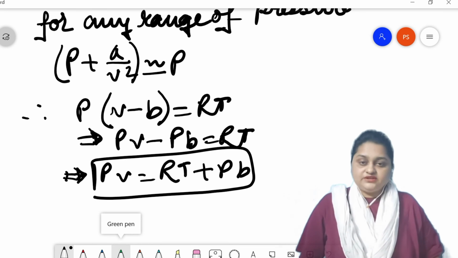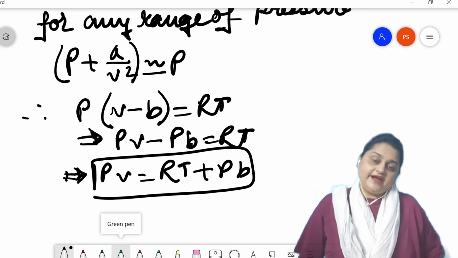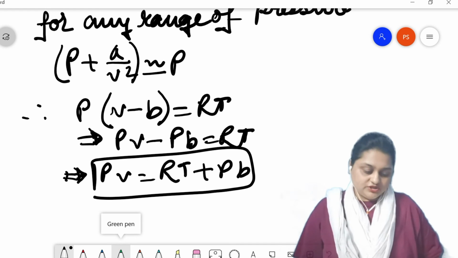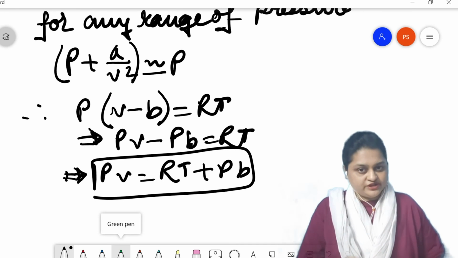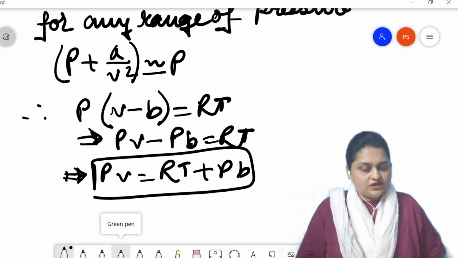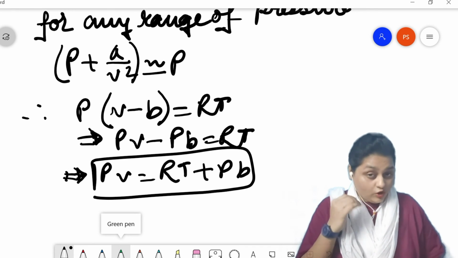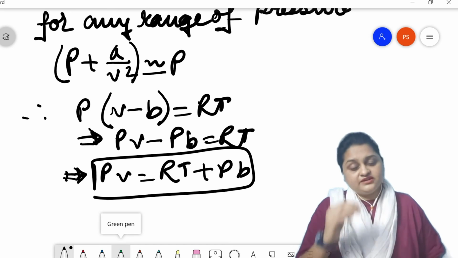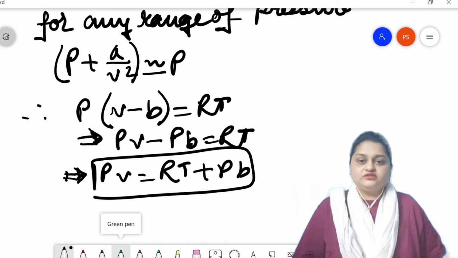This implies that for any value of pressure, the PV value for hydrogen or helium like gases will always be more than the ideal value, and it will always increase in a regular manner with the increase in the pressure.